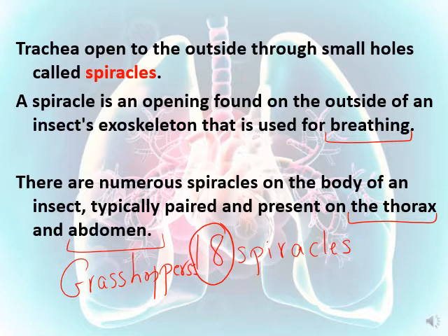And you have to know the spiracles are small holes, openings, found in the insect's body, mainly on the thorax and the abdomen.